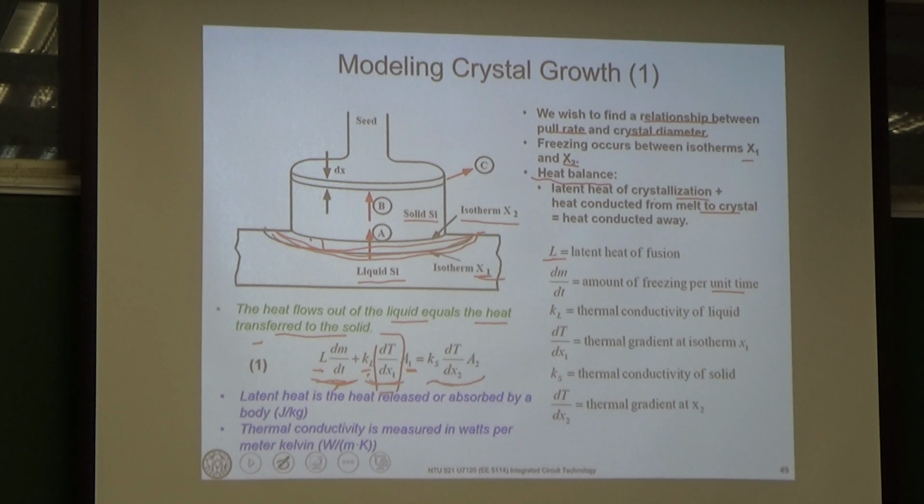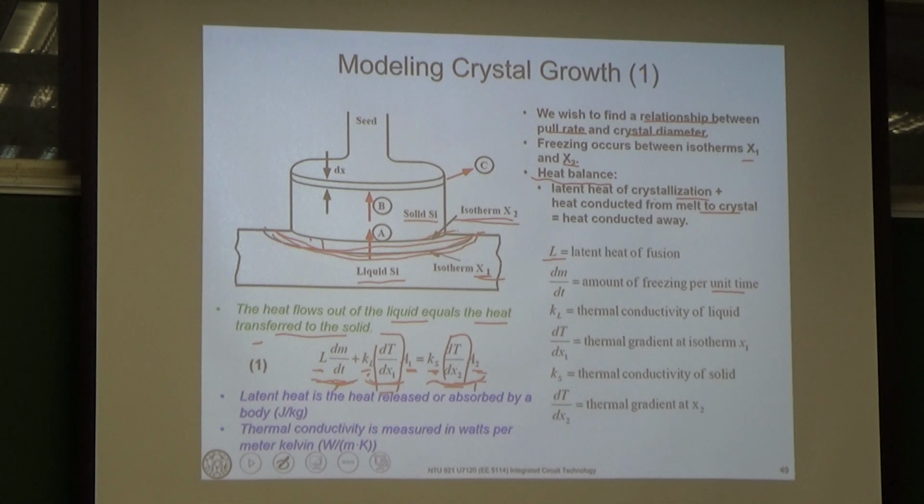On the right-hand side of this equation is the heat conducted through your solid phase. You have a thermal conductivity of the solid, Ks, and also the temperature gradient at isothermal line X2 here, and the area A2.